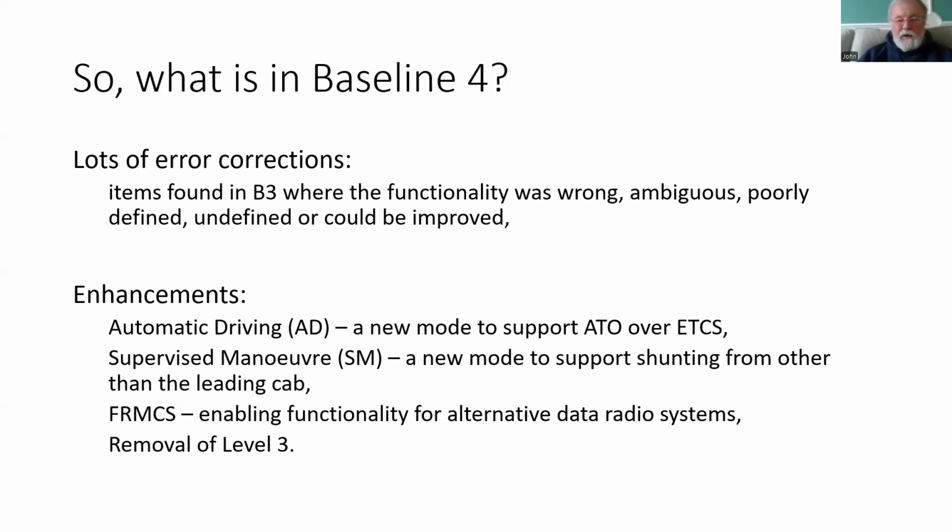There was a little bit of extra information that a train with moving block capability could send back to the trackside. However, it would need to send that back whether it was in level 2 or level 3, or indeed level 0 or NTC when it was being proposed to transition to level 2 or 3. So level 3 has been removed from the specifications.